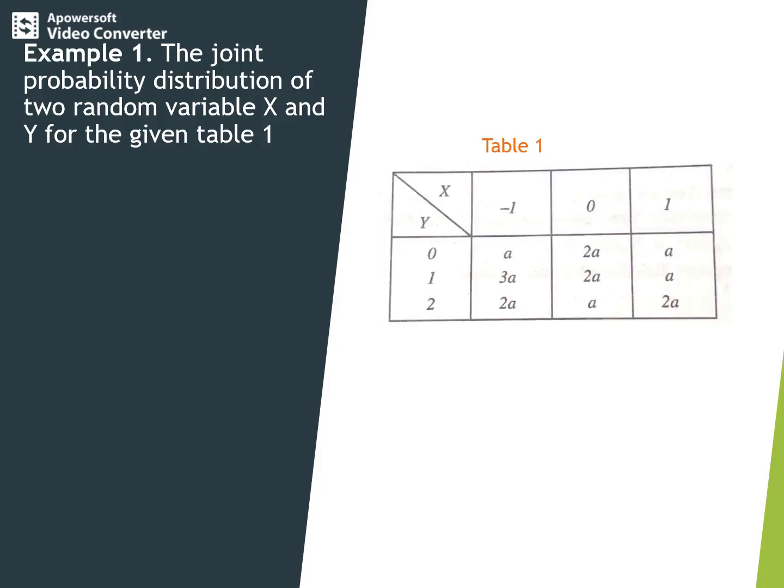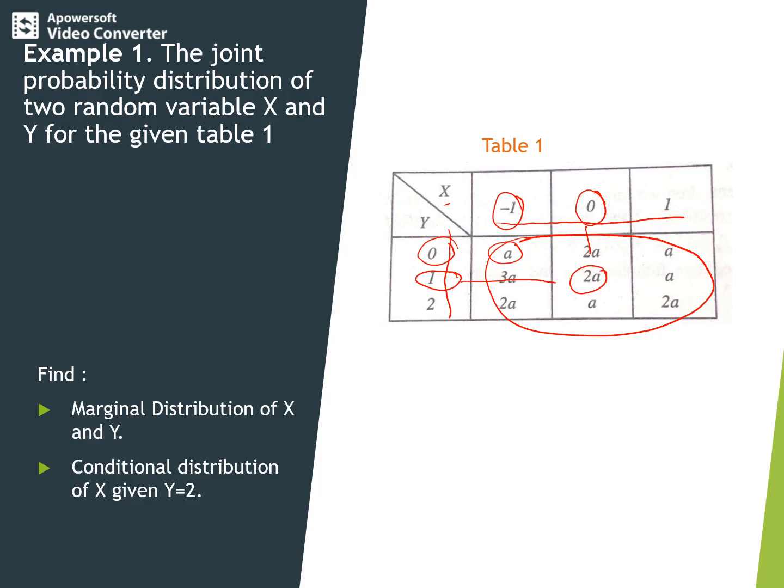Here table 1 represents x containing three values -1, 0, 1, and y containing the three values 0, 1, 2. Here these are the joint probabilities, where a represents the joint probability when x is -1 and y is 0. This 2a means the joint probability when x is 0 and y is 1.